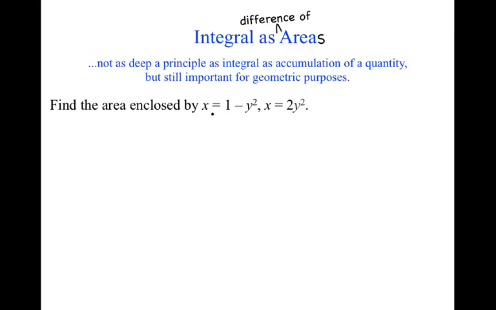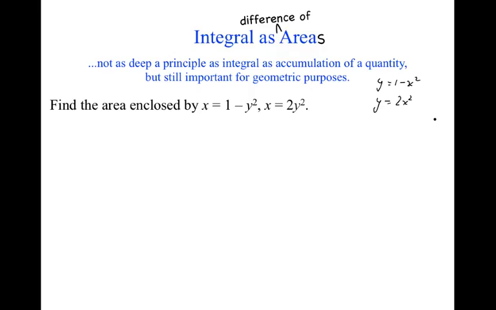We might not know offhand what x equals 1 minus y squared is, but we should know what y equals 1 minus x squared is. And likewise, we should know what y equals 2x squared is. So we can use the graphs of those that we should be able to sketch to help us sketch these.